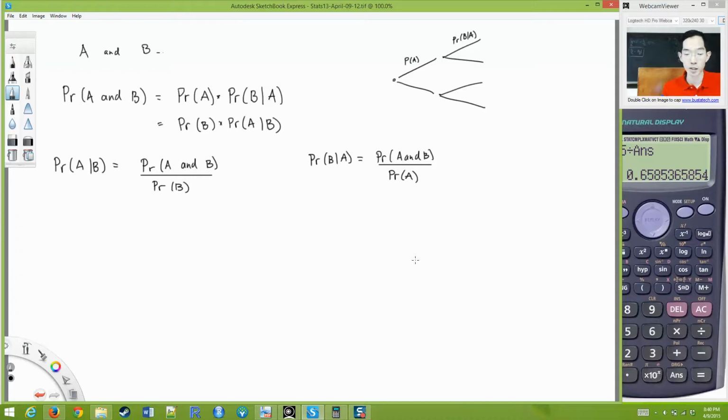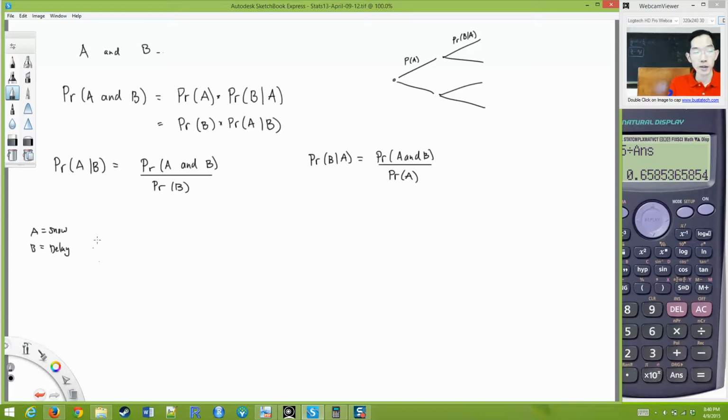So in the last problem, depending on how you label it, we can call A snow and B equal to delay.